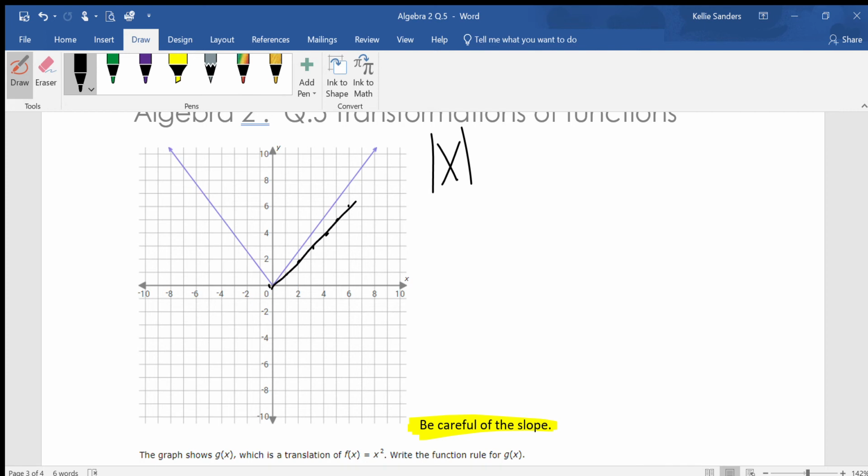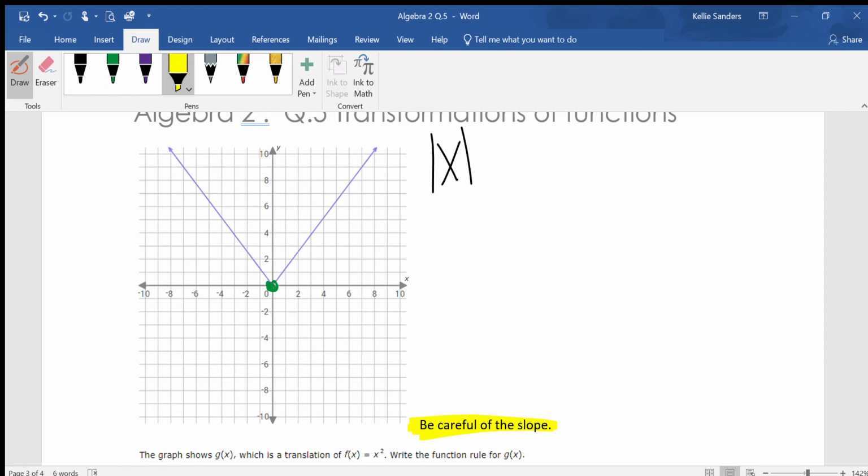And that's what the normal slope would be. Well, on this one, you've got to pay attention. And it did start at 0, 0, so it's not going to shift up, down, left, or right any.